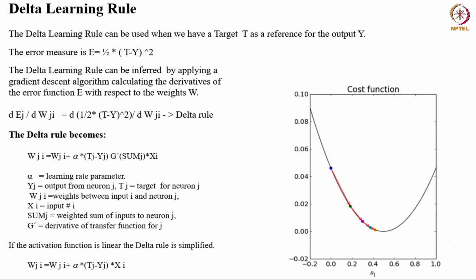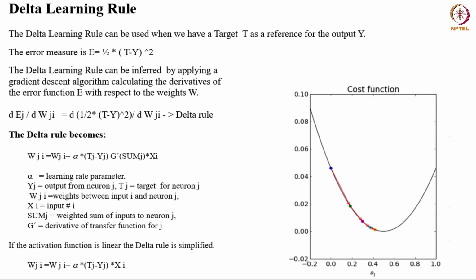The learning rate parameter is multiplied with the difference between the target value and the output value, times the derivative of the output function with respect to its argument, which is the weighted sum of the inputs, and then finally also multiplied by the input value for the specific connection.